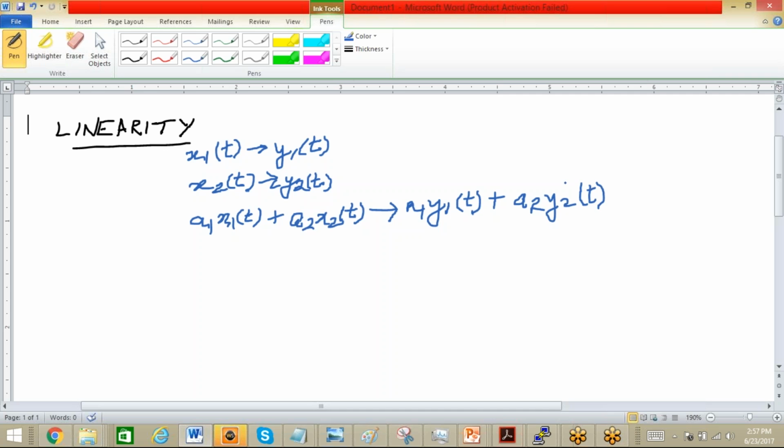This is the fundamental condition for linearity. Let me highlight it.